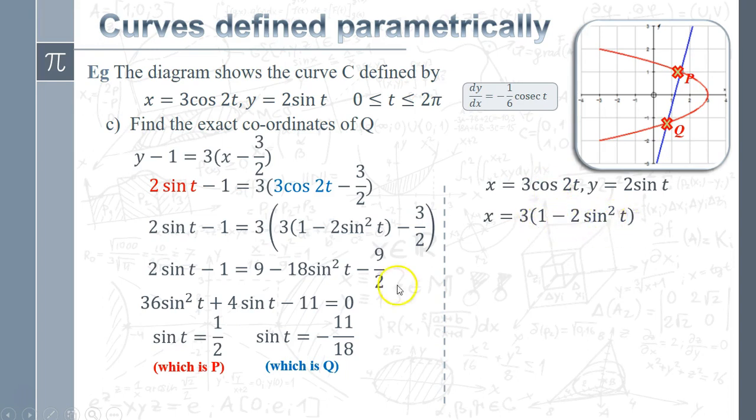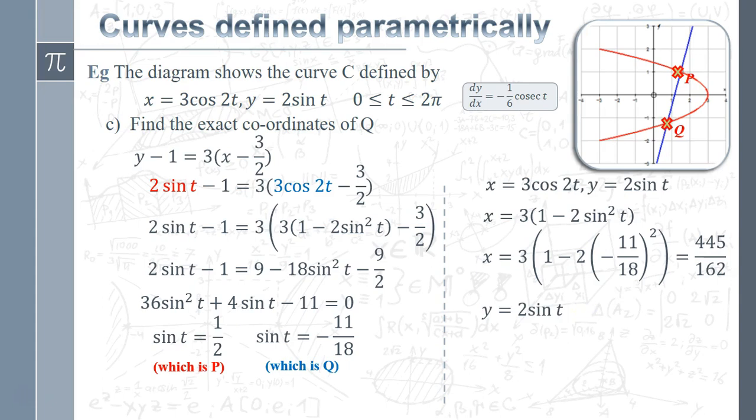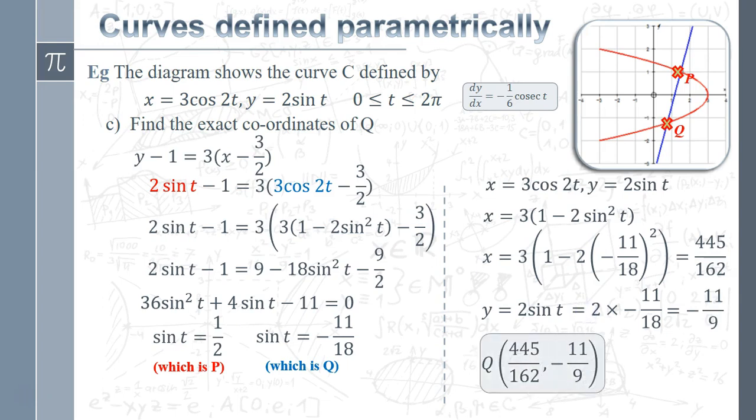So now, we know sine t is minus 11 over 18, so we need the square of minus 11 over 18 in that bit there. In it goes, and so that gives you an x coordinate, which is that value, which is a bit of a shocker of a fraction, but okay, fair dues. And then the y is a little bit simpler. There it is, 2 times minus 11 over 18, and therefore there's my coordinates for Q, and there we go, that's all sorted.